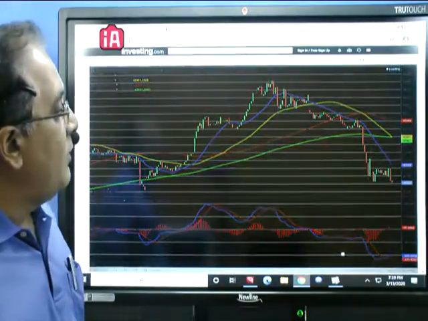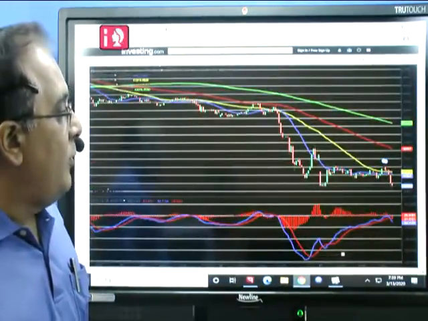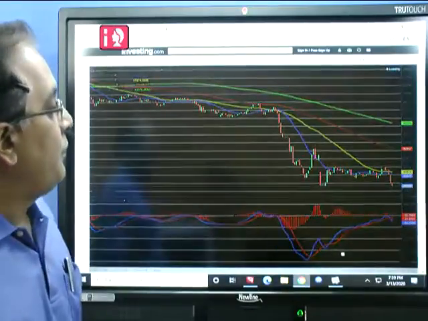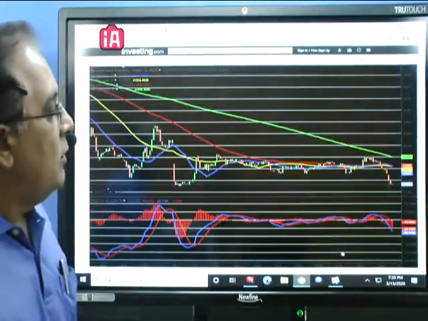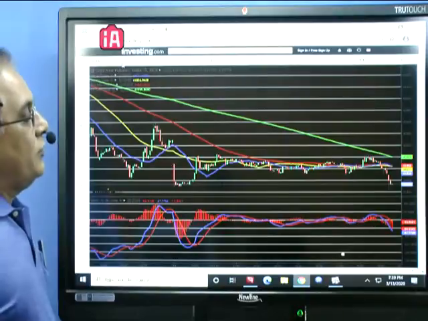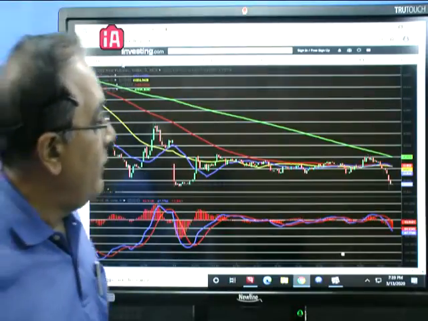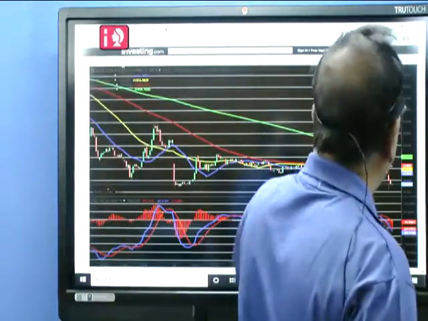Let's look at the 15 minutes average, and it's all below that, and 5 minutes also it's below that. So I think it's a very comfortable case of a short, and further short can also be initiated keeping today's high as a stop loss.